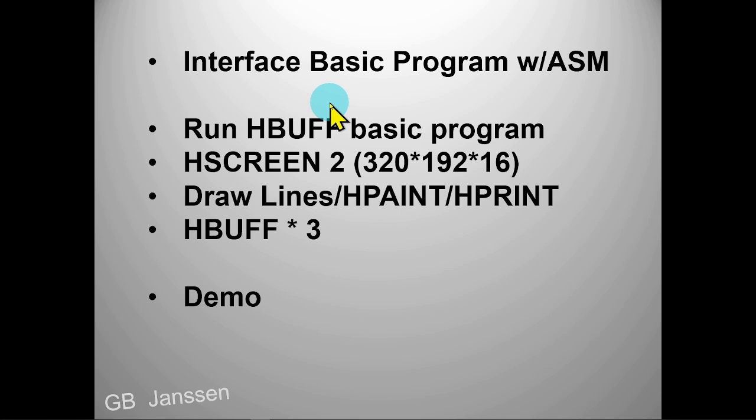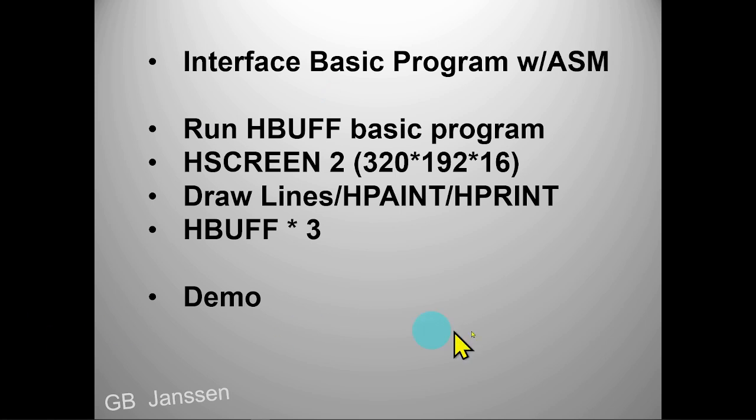It's going to give us our screen, HSCREEN 2, 320 by 192, 16 colors. Draw a bunch of lines, vertical and horizontal, creates a bunch of boxes. We'll do some HPAINTs to them boxes and some HPRINTs of numbers in them boxes. It's still all BASIC stuff, and like I said, we'll allocate three buffers.